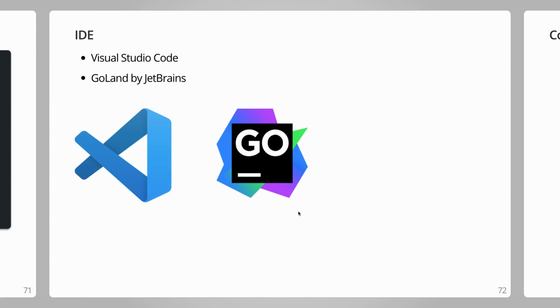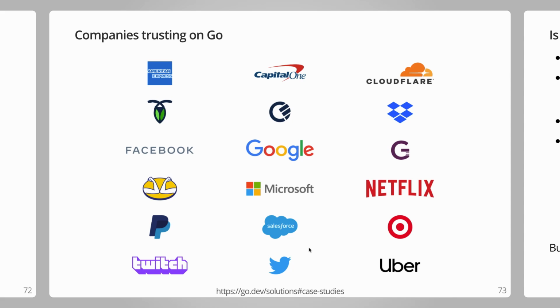Then, if you want to code Go, but you like PHP Storm a lot, JetBrains also has you covered with their Goland IDE. Of course, there's also Visual Studio Code, which I'm personally using because I'm broke and cannot afford a license. And if you still think Go is a trend and not very mature yet, here are some companies using Go.